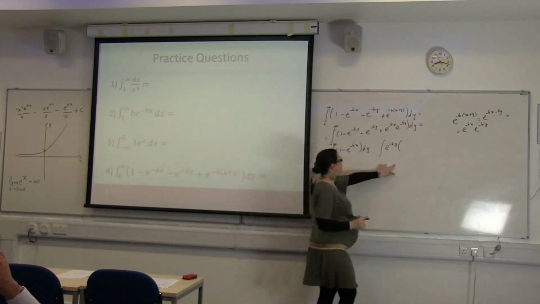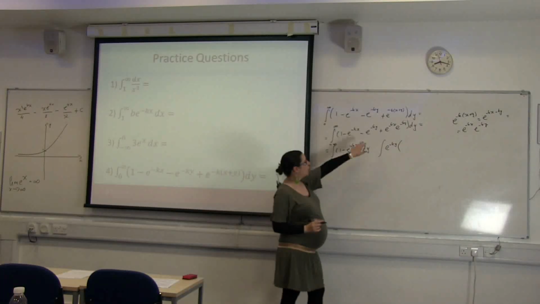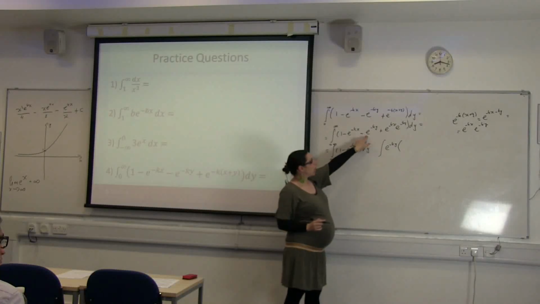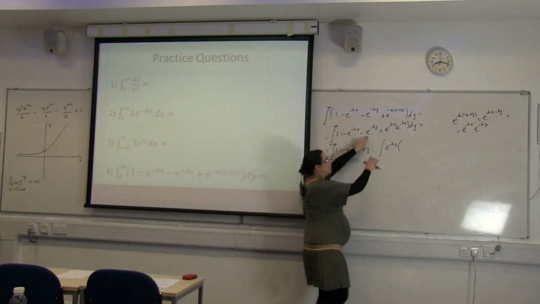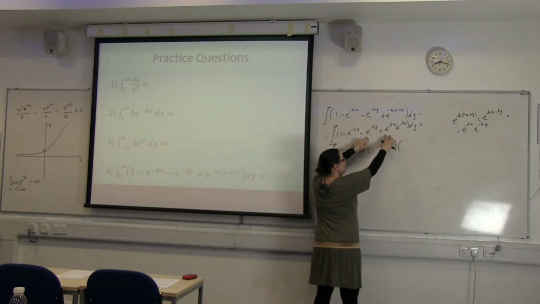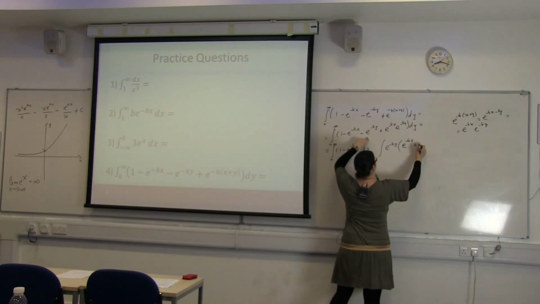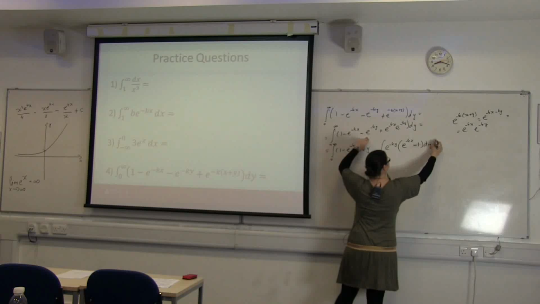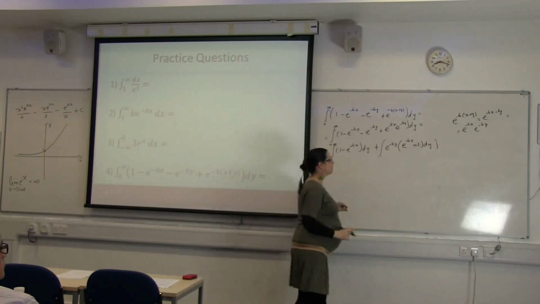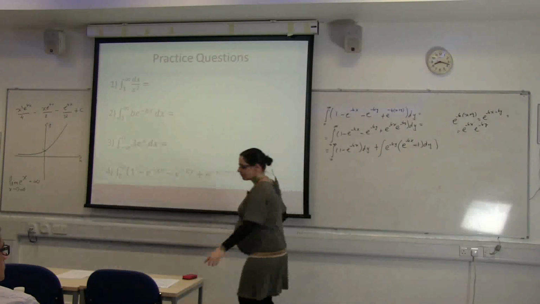And what's left if I did that factoring out? I'm left with minus 1 plus e to the minus kx, minus 1 dy. Oh, I don't need that bracket.